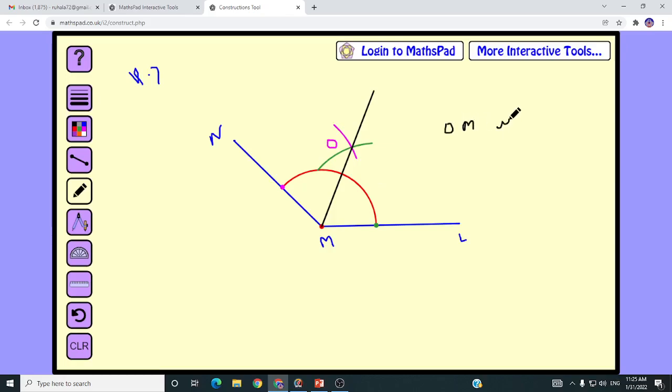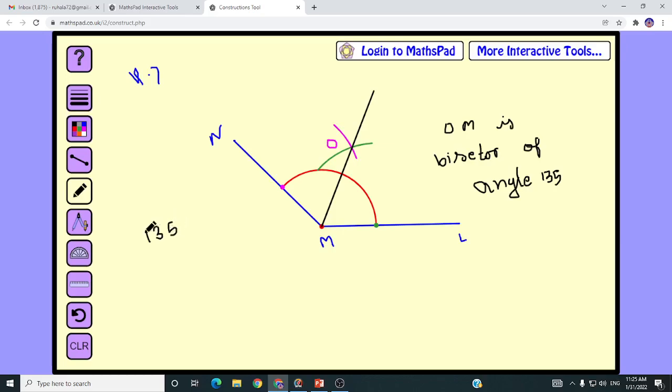OM is the bisector of angle 135. Check with the help of the protractor.